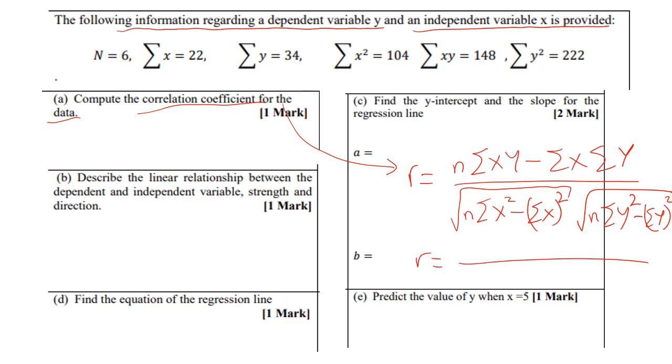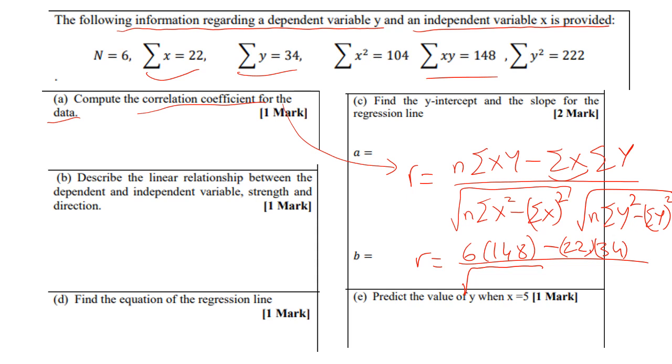Okay, what is n? It's 6 times this one here, 148, and minus the sum of x, 22, and then the sum of y, it's 34, divided by square root of n times x squared.